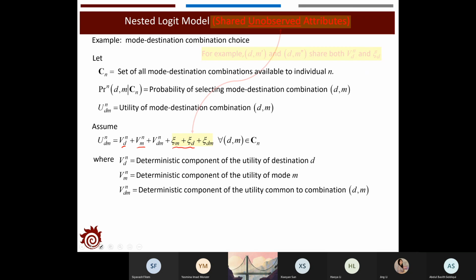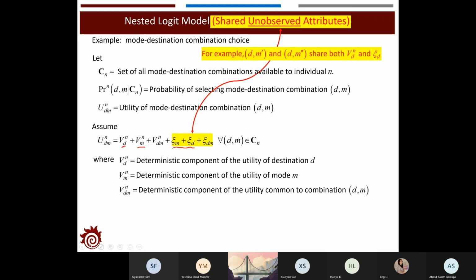If we still consider the same two different combinations, dm prime and dm double prime, then we will have two shared components.